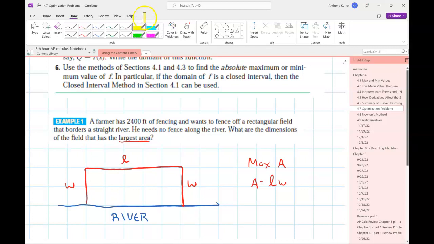So we've written an equation for the quantity that we're trying to maximize in this case. What's wrong with the equation we've written though? Two variables. So I need to find a way to eliminate one of them. What am I going to use to do that? What can I say about the 2,400?